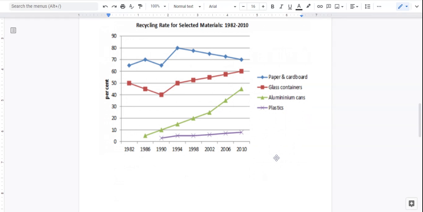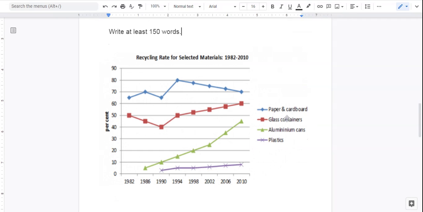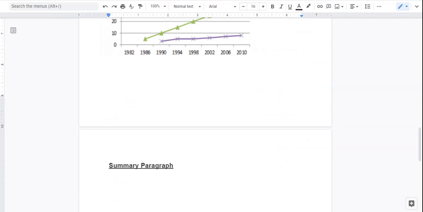So we can start to put together the different years that they're looking at: 82 to 86, 86 to 90, 90 to 94. So we're looking at 4-year increments, spanning from 1982 to 2010. So let's look at how to put this in just a summary form here.